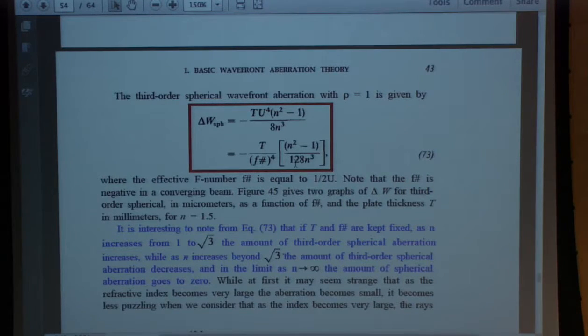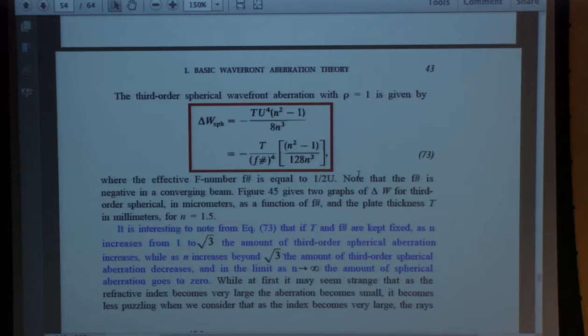People still insist on sending non-collimated beams through plane parallel plates. If you have an F10, this is 10 to the fourth, maybe you're okay. If you have an F3, forget it. It will kill you. It's just a sin, a terrible thing to do.